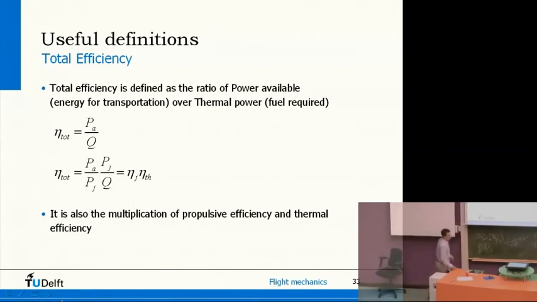Total efficiency is a multiplication of propulsive efficiency and thermal efficiency. So eta J is propulsive efficiency and eta TH is thermal efficiency.